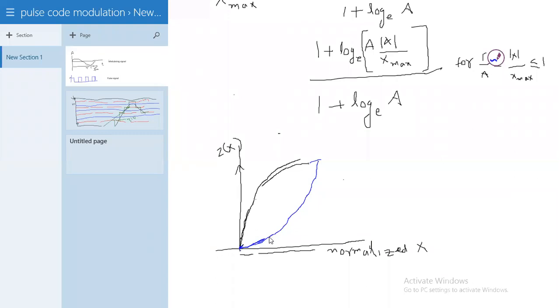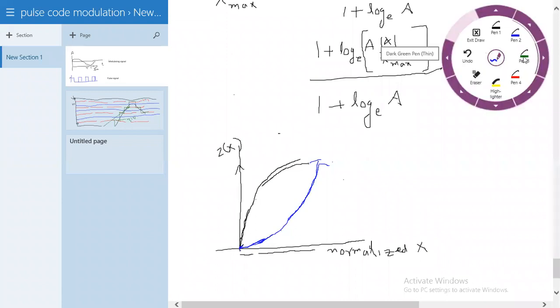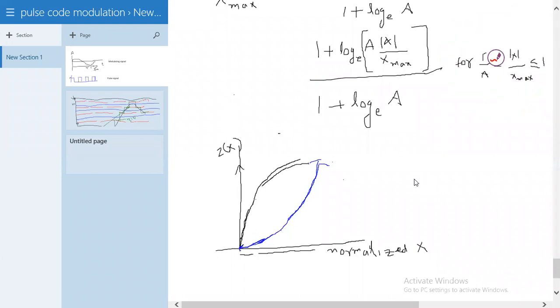The amplification factor is minimum. As the input signal increases, the amplification factor becomes maximum. Whatever amount was compressed at the transmitter section, the opposite action takes place, that is, the amplification factor is increased.